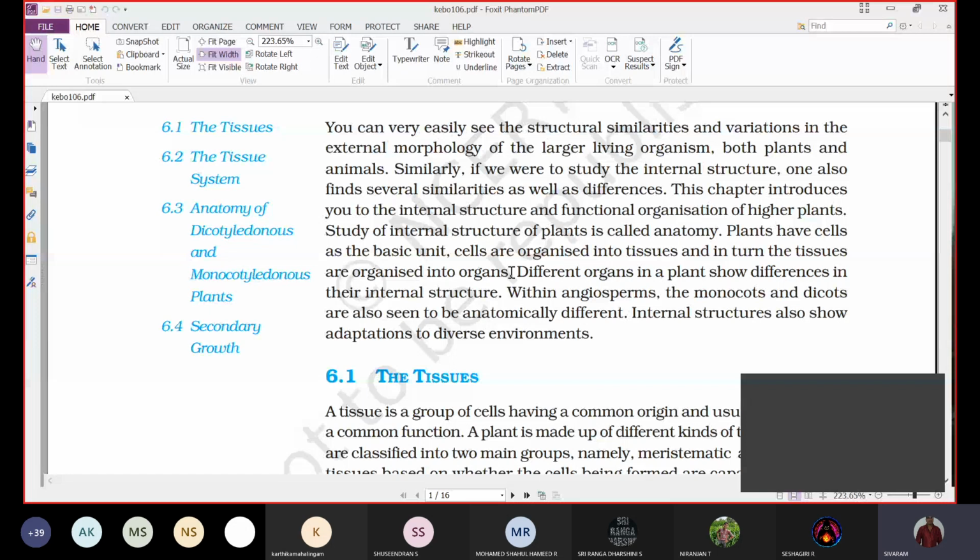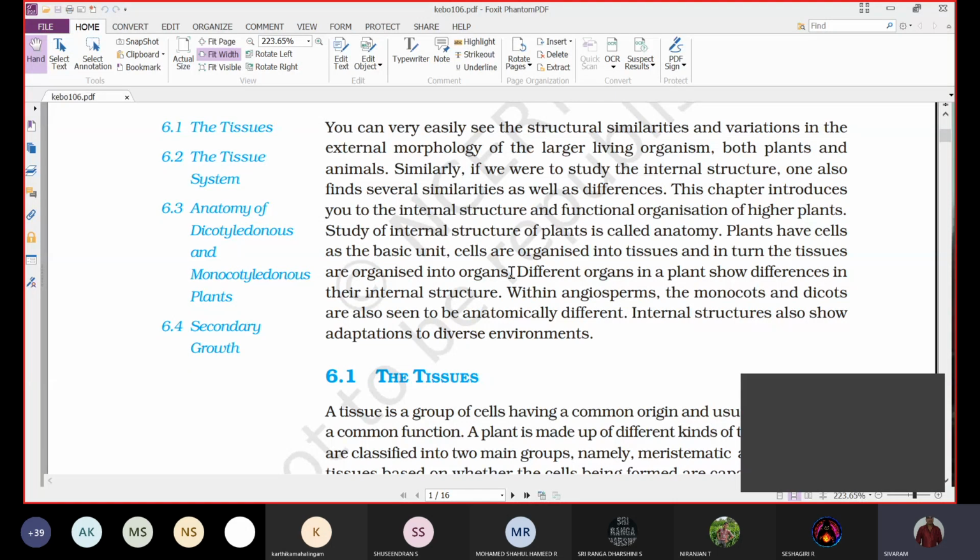Within angiosperms, the monocots and dicots are also seen to be anatomically different.